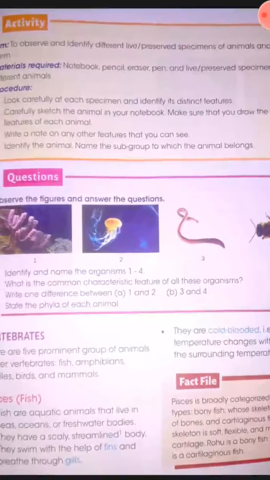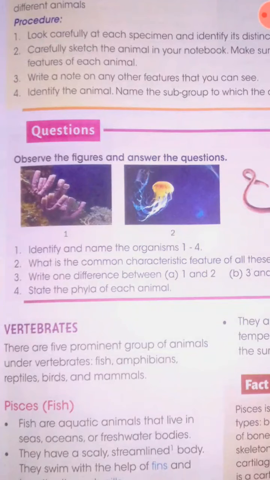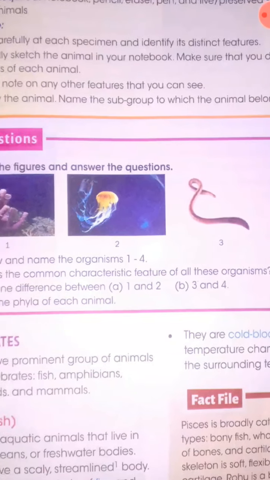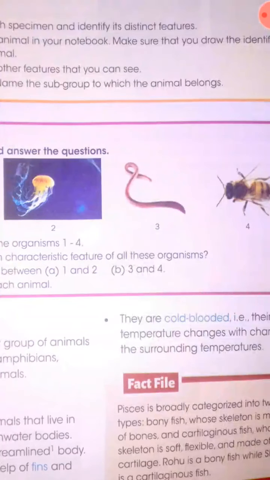Now there is this activity, and you have to do this question in your notebook. Observe the figure and answer the question. Identify and name the organisms. What is the common characteristic of these organisms and the difference between them? State the phyla of each. That is Hydra, jellyfish, arthropod, all of which you can write down.